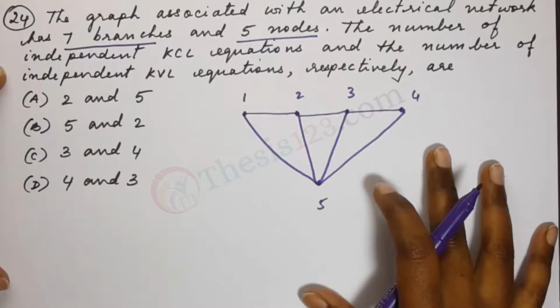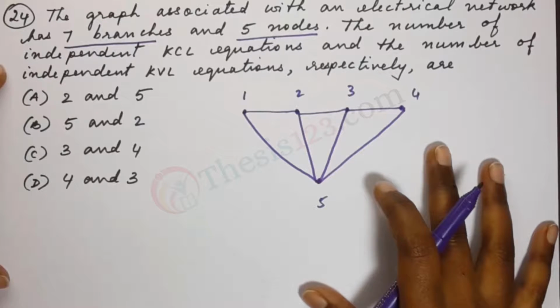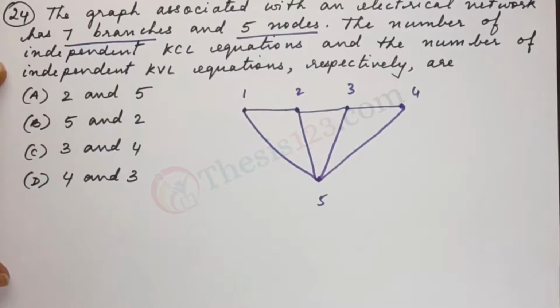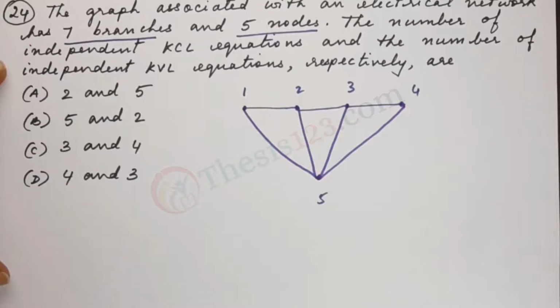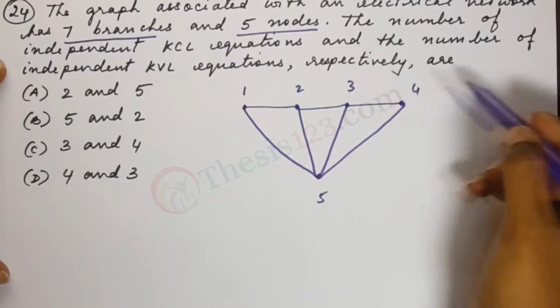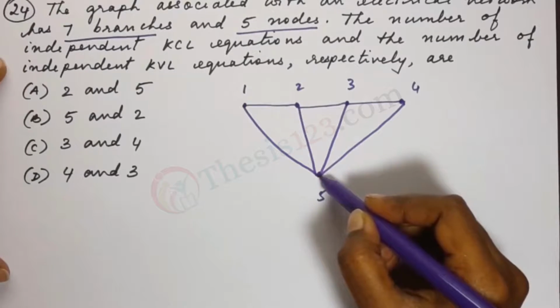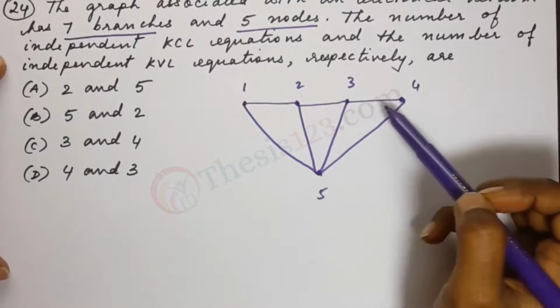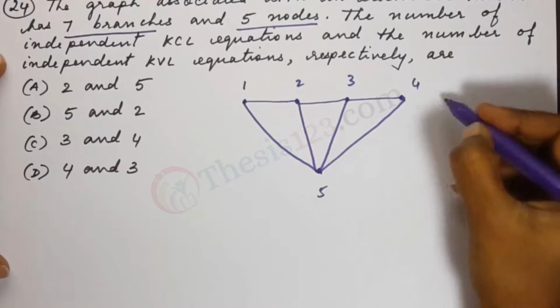And so we need to find out the number of KCL equations and KVL equations. So for current, it depends on the number of nodes that are there. So here, if we were to consider the fifth node as a base or a reference, that would give us 4 different KCL equations.